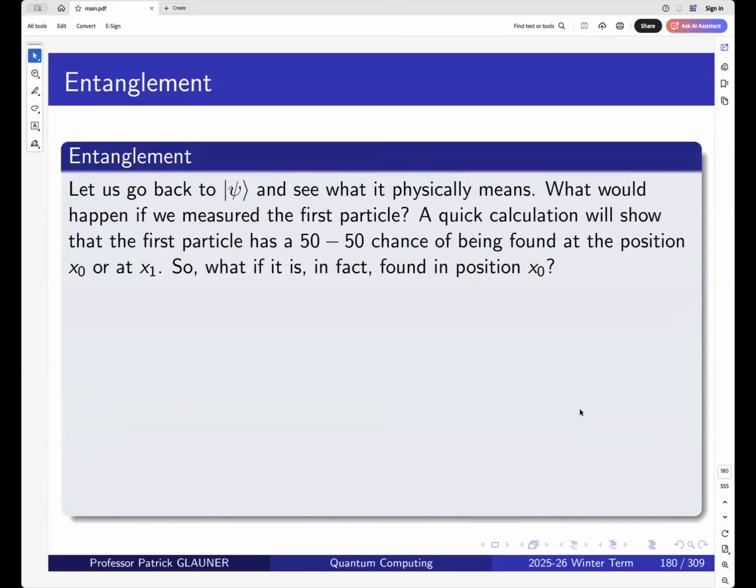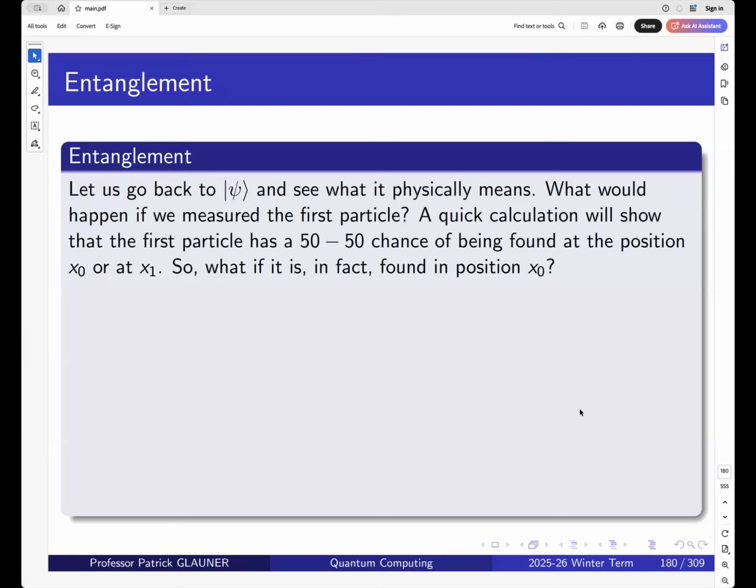If we have this entangled state of the two systems and we measured the first particle, we can see very quickly that, because we just have these ones and zeros, the first particle has a 50-50 chance of being found at the position x0 or x1. So after measurement, same probabilities.